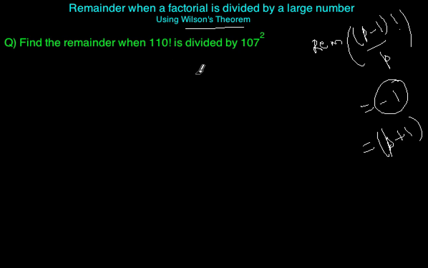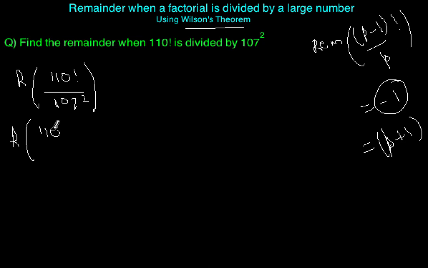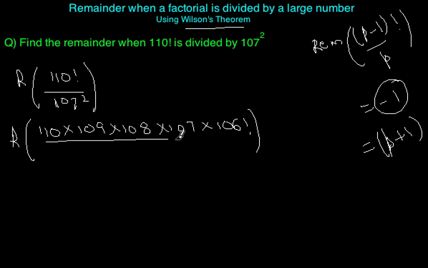Now in the first question we have to find the remainder when 110 factorial is divided by 107 square. We already know there is a 107 here, so we can write it as 110 into 109 into 108 into 107 into 106 factorial, whole divided by 107 square.